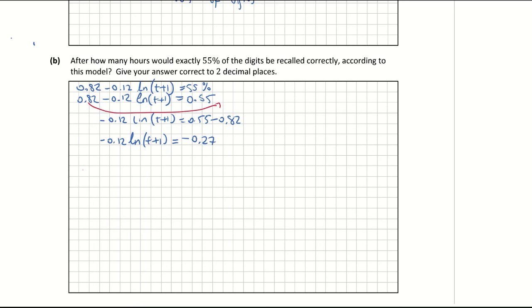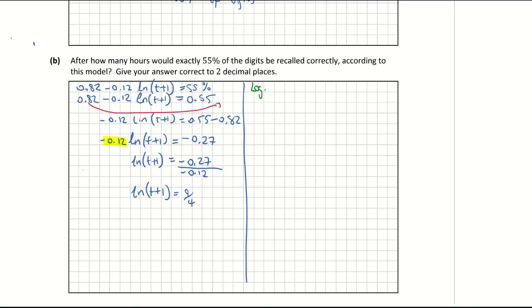I'm then going to divide by the minus 0.12 because it's stuck to that log. So that's giving me ln of t plus 1 is equal to minus 0.27 over minus 0.12. The two minuses there will become a plus, and 0.27 divided by 0.12 is giving me 9 over 4, or 2.25 basically.